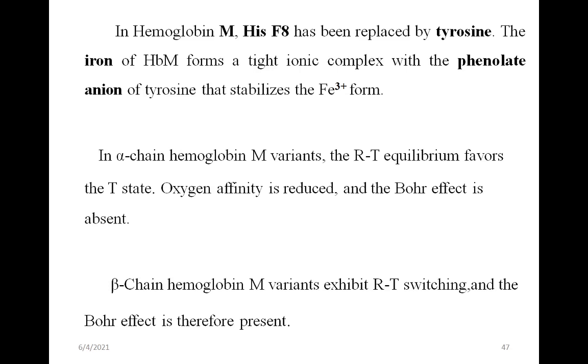Normally carbonic anhydrase is responsible for the reversible reaction. Then the proton attaches with the bicarbonate to form carbonic acid. That effect cannot be possible, release of the proton cannot be possible unless oxygenation occurs.